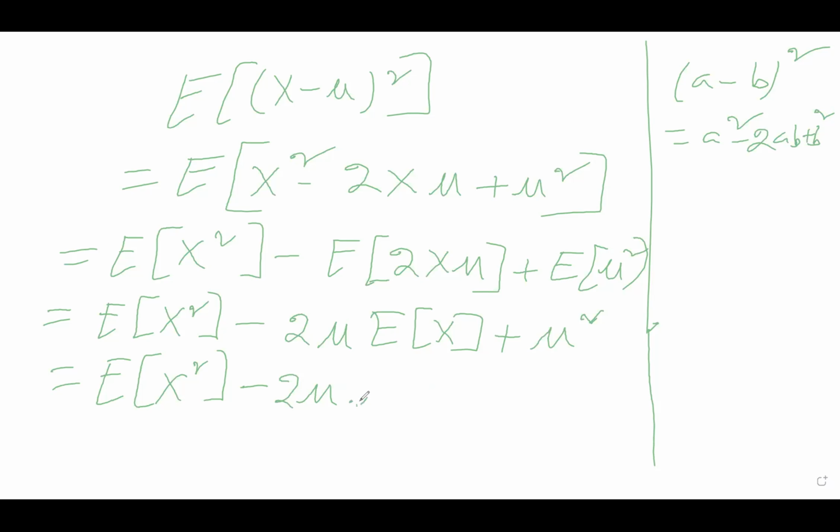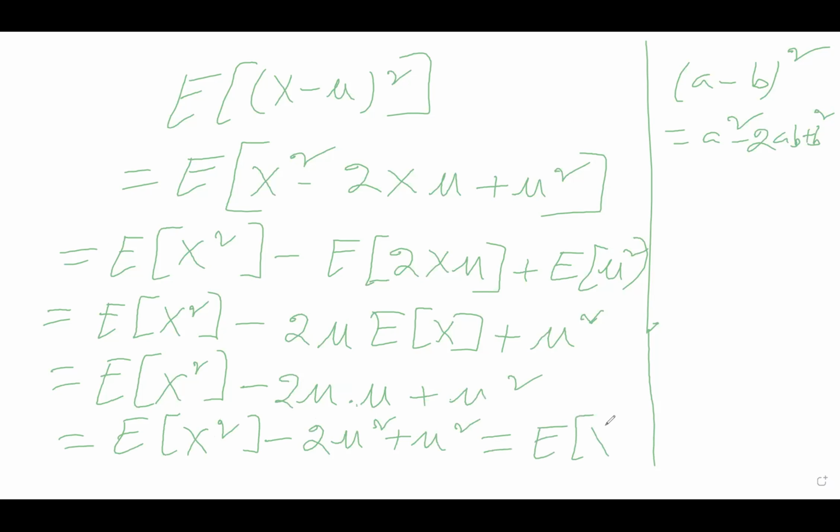So we can just plug in mu instead of the expected value of x. Plus mu squared. So now we have the expected value of x squared minus 2 mu squared plus mu squared. Here we have negative 2 mu squared and 1 mu squared, so we can just write minus mu squared. And what is mu? Mu is also the expected value of x.